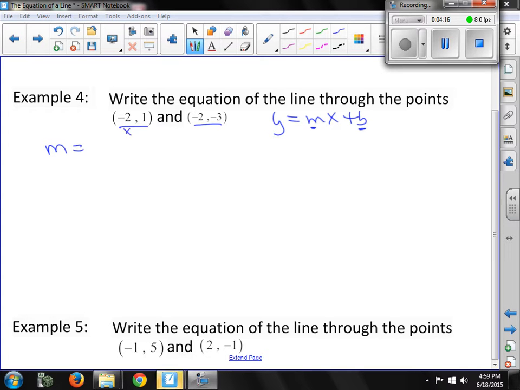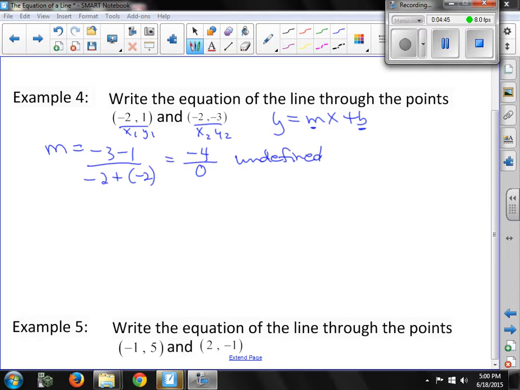So I'm going to label x1, y1, x2, y2. So I have -3 minus 1 divided by -2 plus a -2. So I get -4 over 0. Well, can I ever divide by 0? No, that is undefined. Okay, so my slope is undefined.